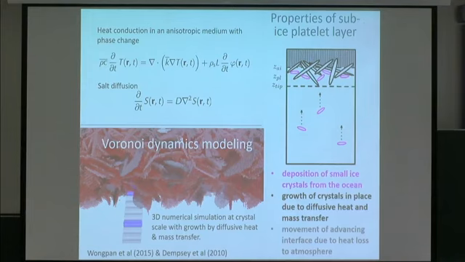So Pat Wongpan then put some heat and mass transfer into the growth function, so that we could now have our crystals coming up from the ocean, filling the spaces, and then allow them to grow by diffusive heat and mass transfer.